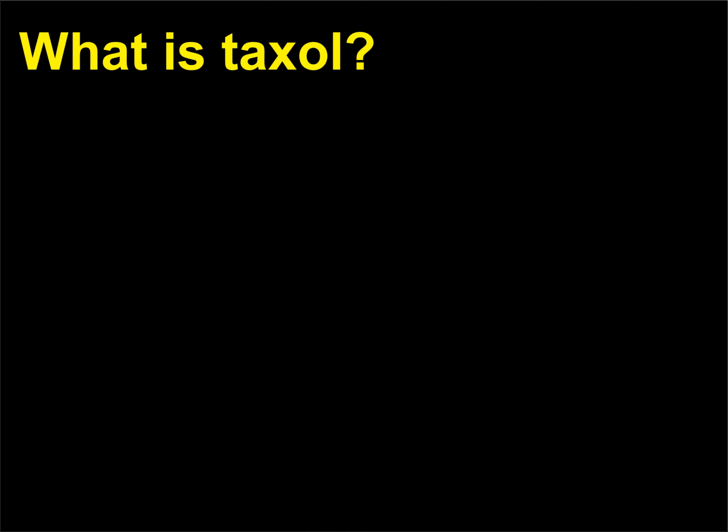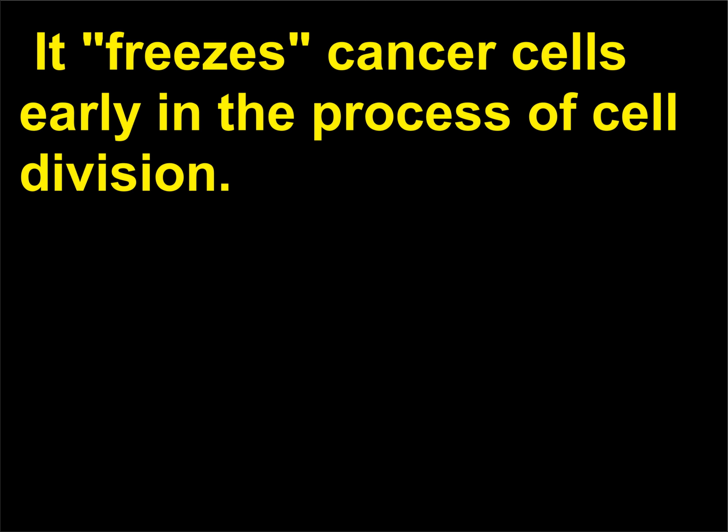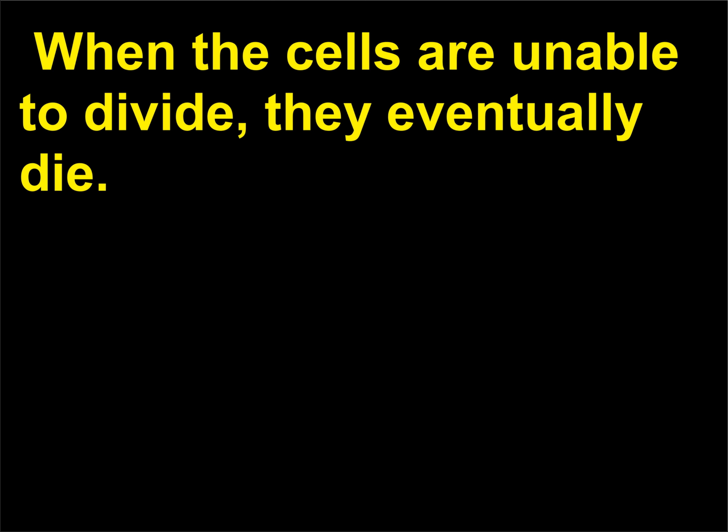What is taxol? Taxol is a drug used to treat ovarian cancer. It freezes cancer cells early in the process of cell division. When the cells are unable to divide, they eventually die.